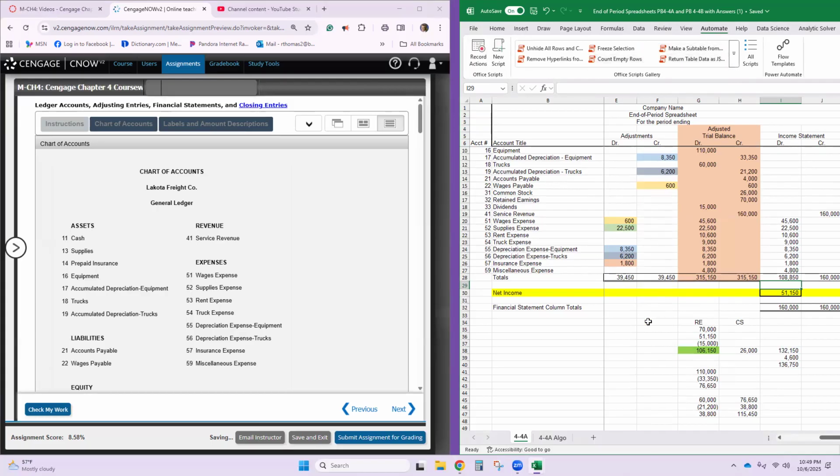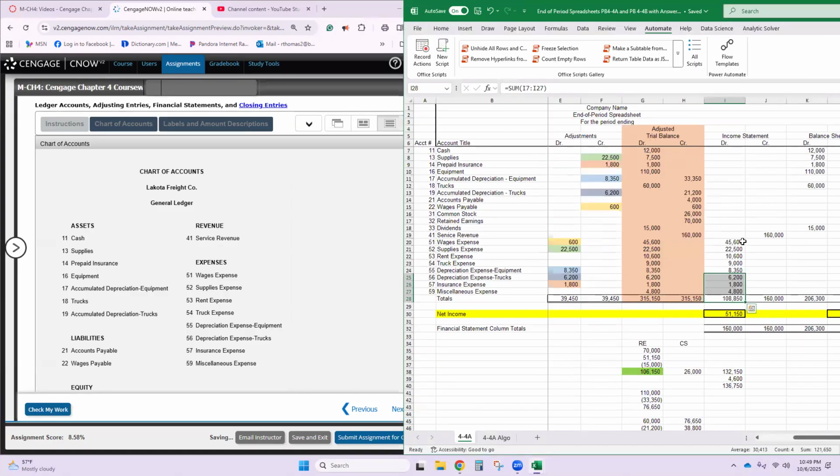I'll tell you what, we can use this for our closing entries, and here's how. When you close, let me move this over. When you close, we're going to close everything here. And I'm going to make that a different color. I can. Hang on just a second.